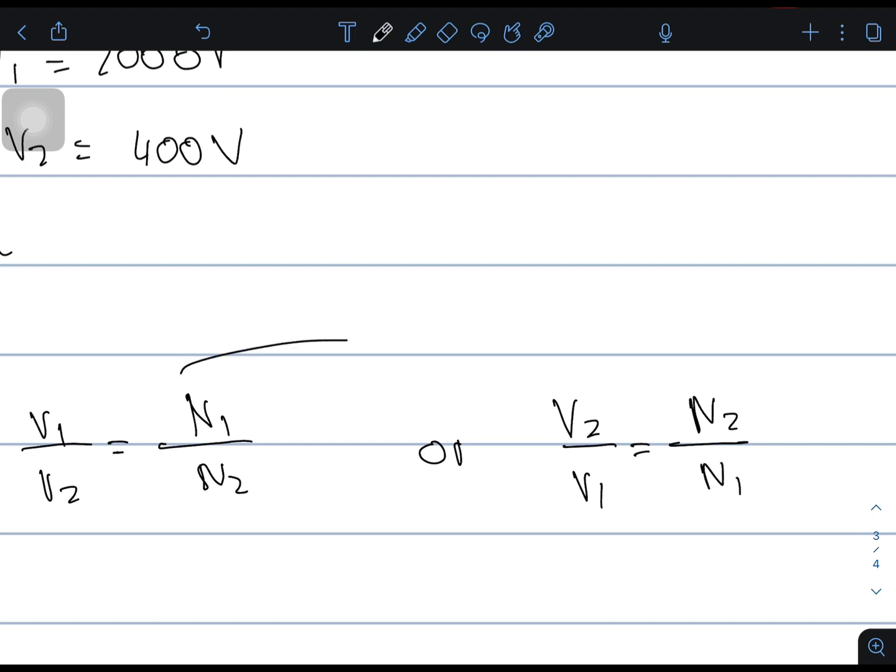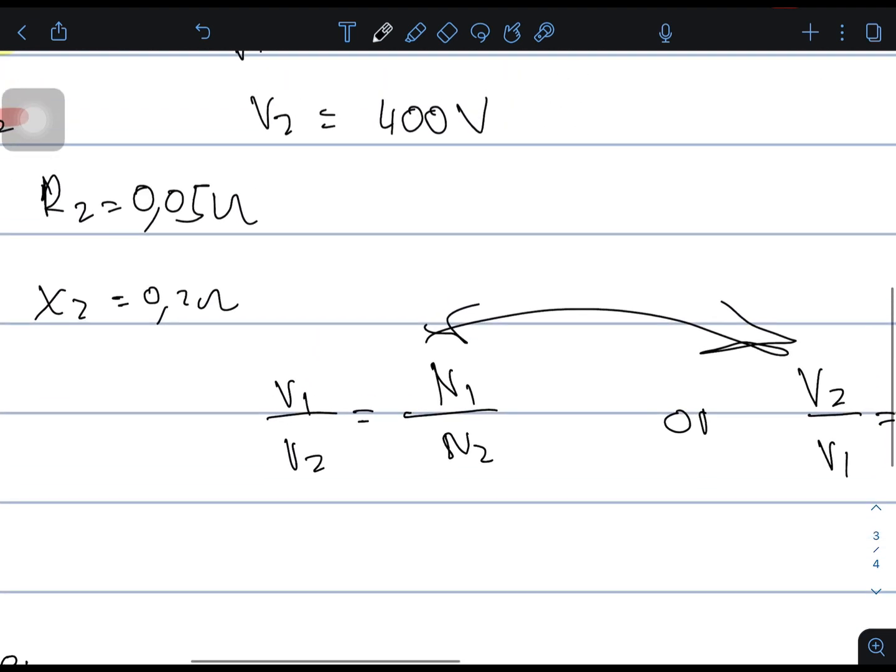These are equally correct. If you do the reciprocal on your left hand side and on the right hand side, it's still the same equation.